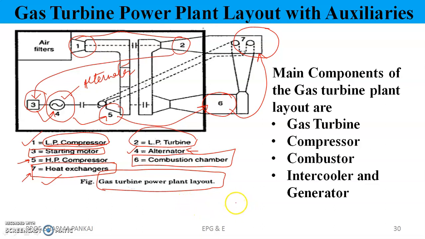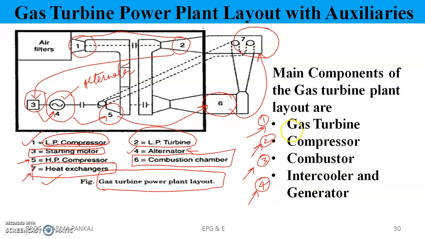And what are the main components of the gas turbine power plant layout? The first one is your gas turbine. The second one is your compressor. The third one is your combustor, and the fourth one is your intercooler and generator.